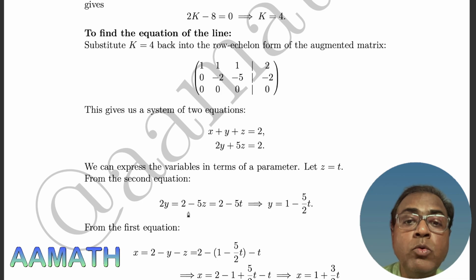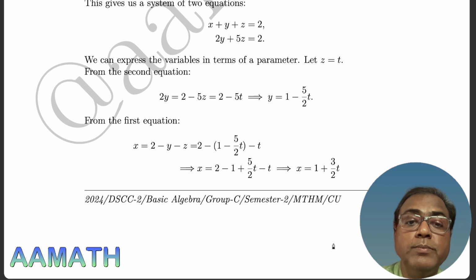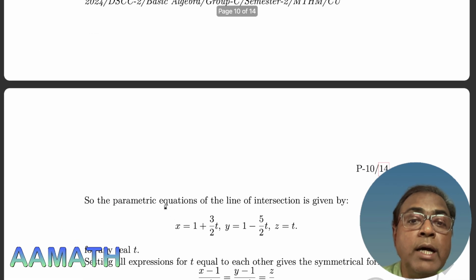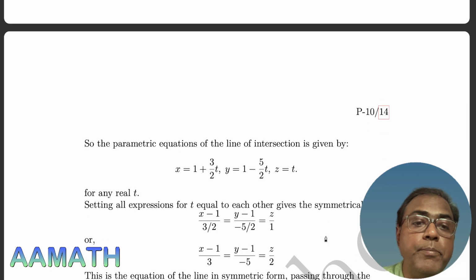From the second equation, y equal to 1 minus 5t by 2. And from the first equation, putting z equal to t and y equal to 1 minus 5t by 2, we get x equal to 1 plus 3t by 2. So the parametric form of the line of intersection is x equal to this, y equal to this, and z equal to t for any real t.